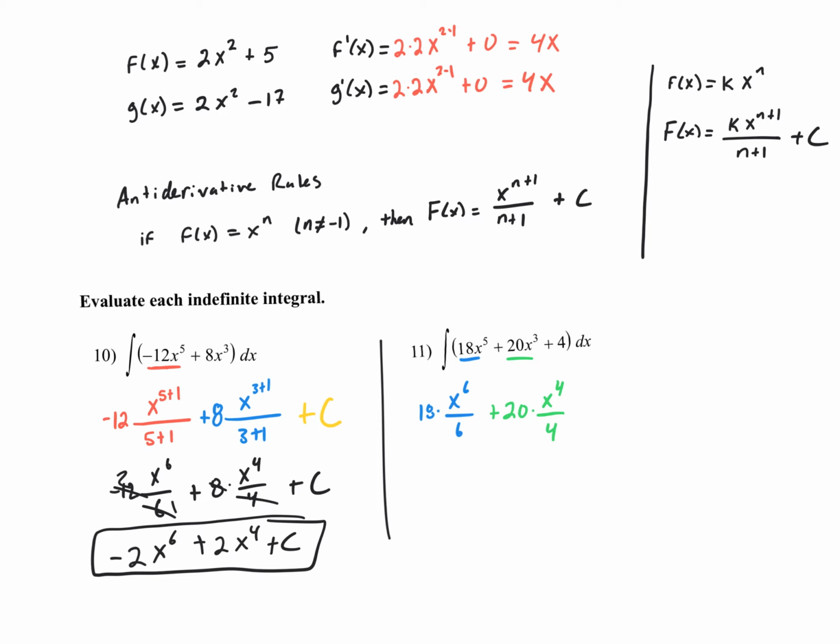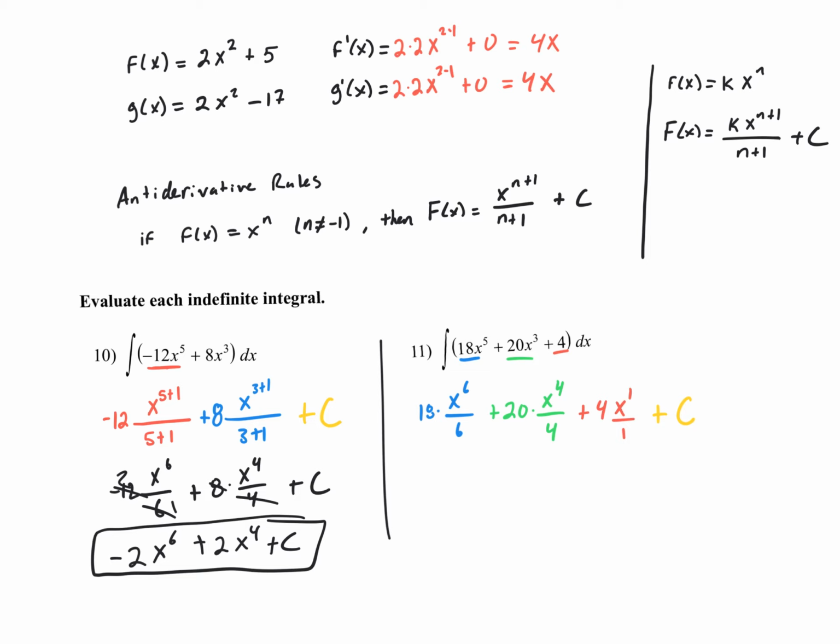Then for this one, I'm going to add 1 to the exponent, right now that it's x to the 0th, so it's going to be plus 4 times x to the 0 plus 1, or 1, over 1. And then remember our plus c, plus some constant that we don't know what it is.